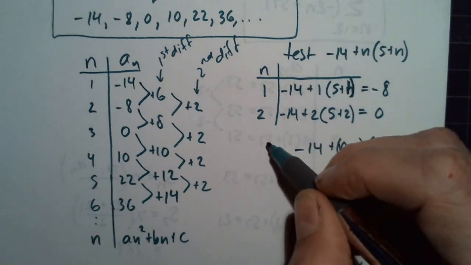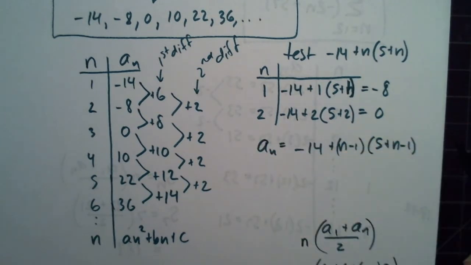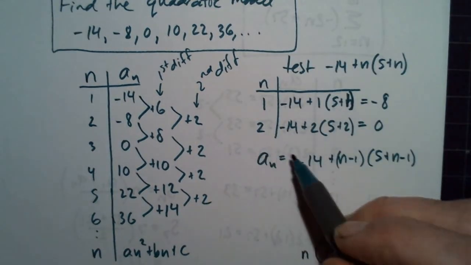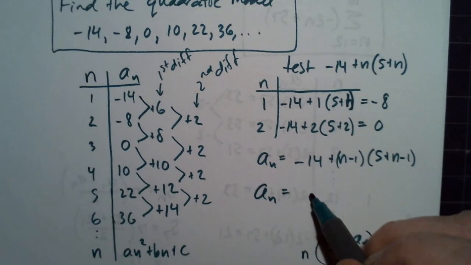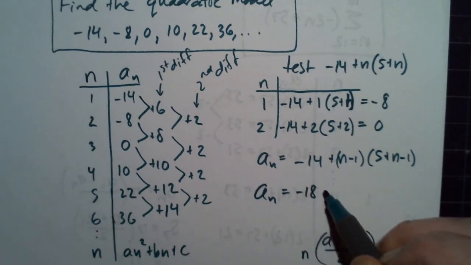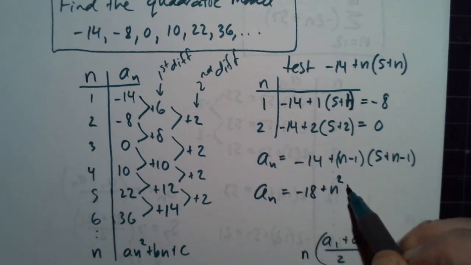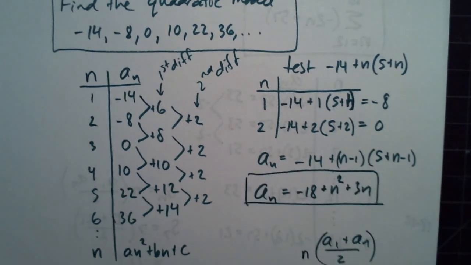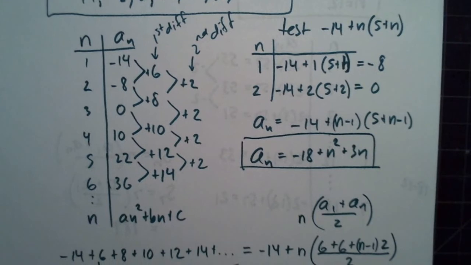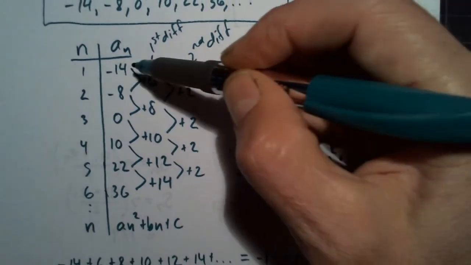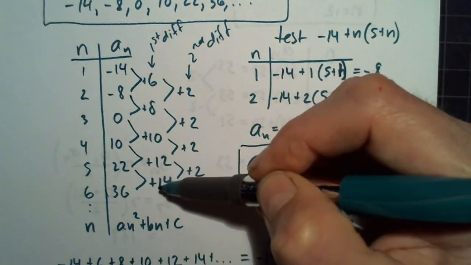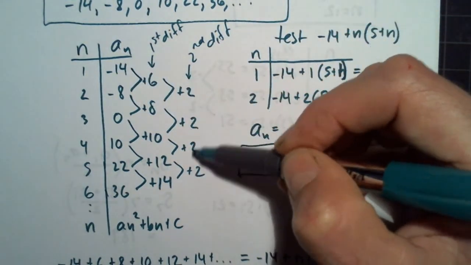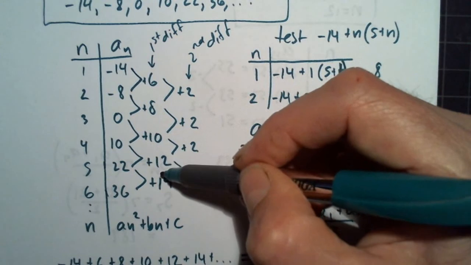We can say that all of the terms in the sequence can be generated with this, and then this simplifies to be negative 18 plus n squared plus 3n. So here's the summary. We don't have an arithmetic sequence, but if we look at these, the second difference, these numbers are arithmetic.